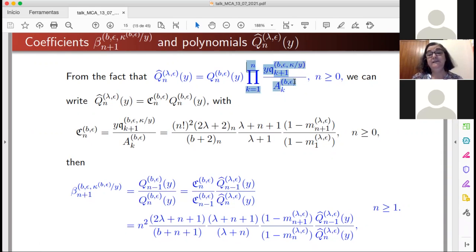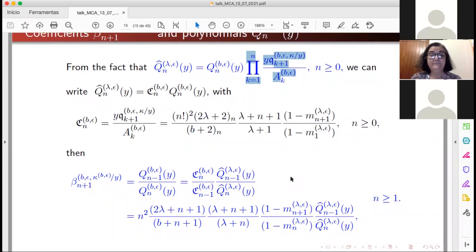So we can also use our choice of kappa here, and we denote this coefficient by capital Cn here, and using the values of kappa, we see that this coefficient can be written in this way. And we see now that these coefficients depend on eta. Although the monic polynomial does not depend on eta, this does, but when we multiply this, we erase this dependence.